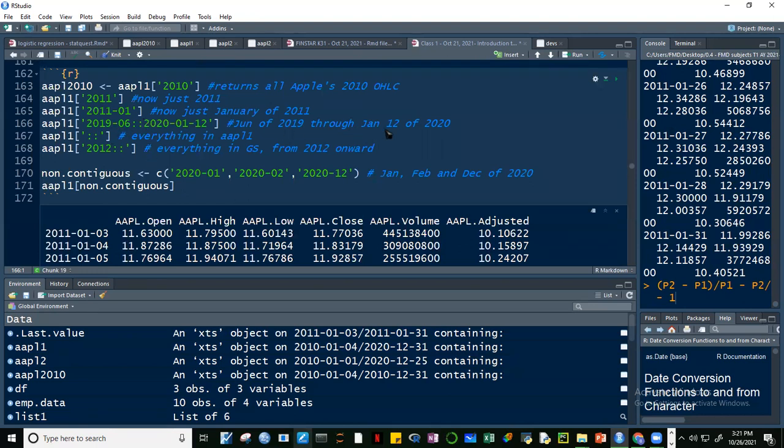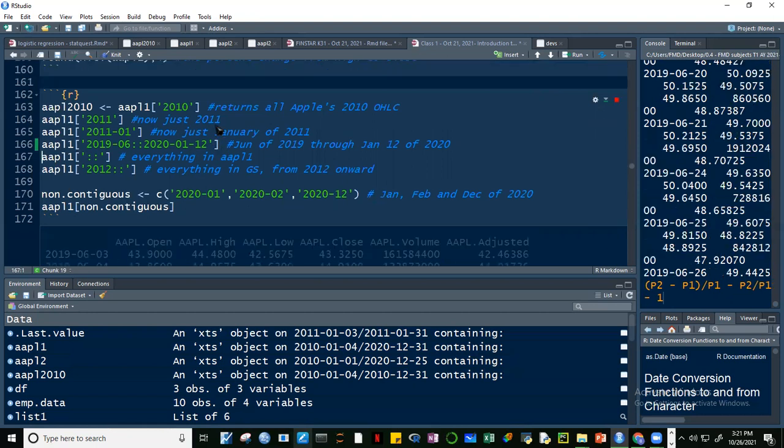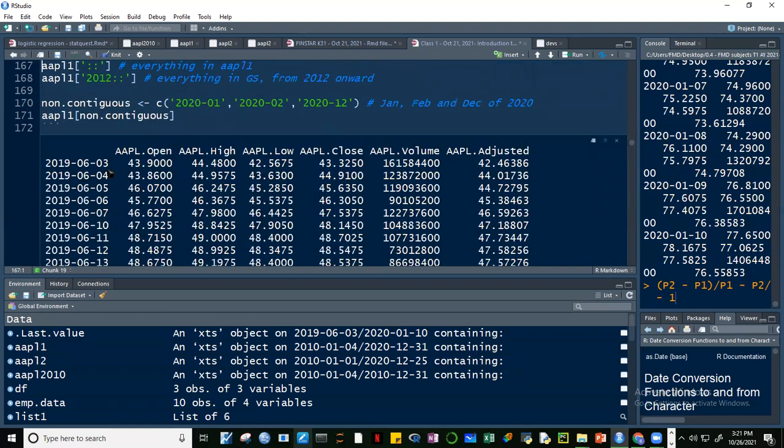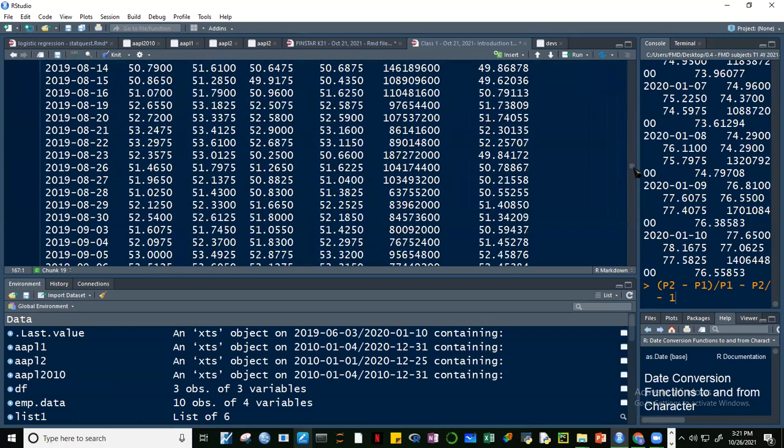Of course, we can have a series from, this is June of 2019, up to January 12 of 2020. So this will give us daily stock prices from the first trading day of June until January 12, 2020. So let's run this. This is starting with January 3, which is the first trading day of June of 2019, until this January, was it January 12?